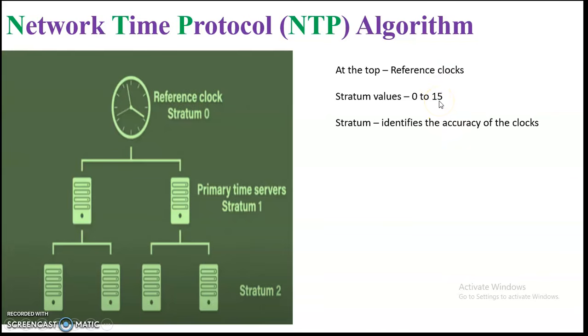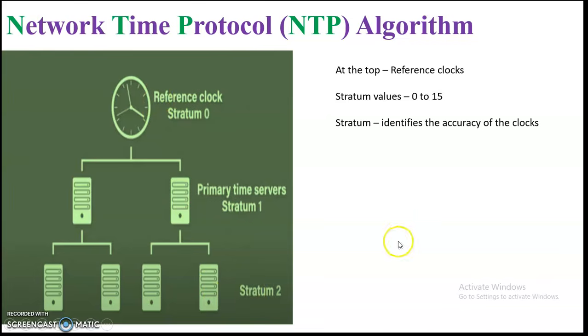Anything above 15 is not trustworthy. Stratum 0 is directly connected to the primary time servers, which have stratum 1. As we go down in the hierarchy, the stratum value will increase as the reference clock is farther away from the hierarchy levels.